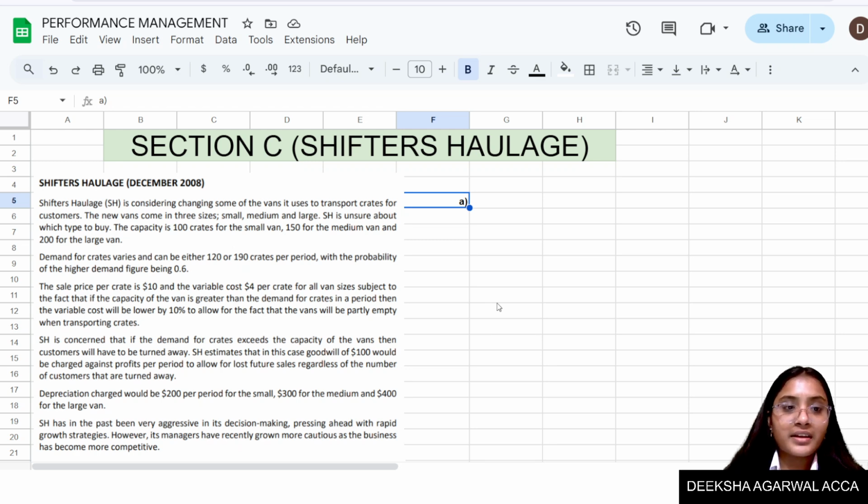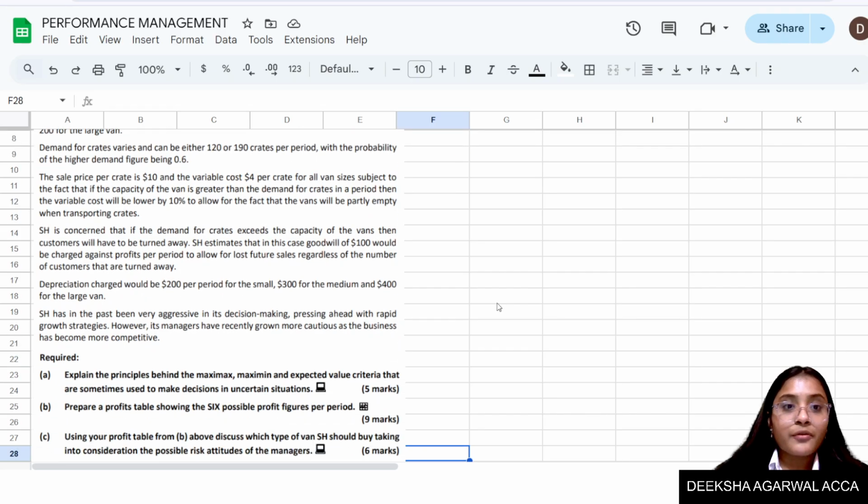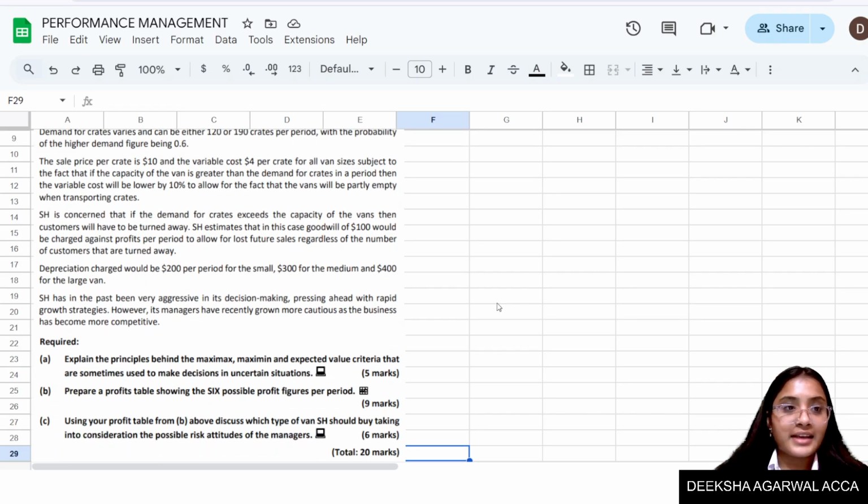Demand for crates varies and can be either 120 or 190 crates per period, with the probability of the higher demand figure being 0.6. The sales price per crate is $10 and the variable cost is $4 per crate for all van sizes, subject to the fact that if the capacity of the van is greater than the demand for crates in a period, then the variable cost will be lower by 10% to allow for the fact that the vans will be partly empty when transporting crates.